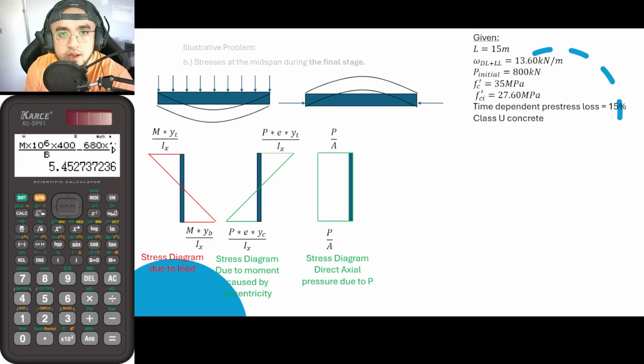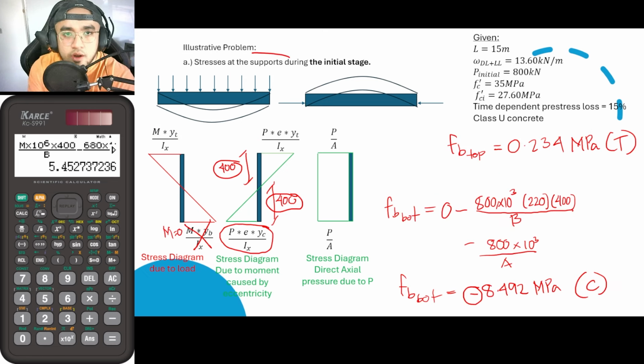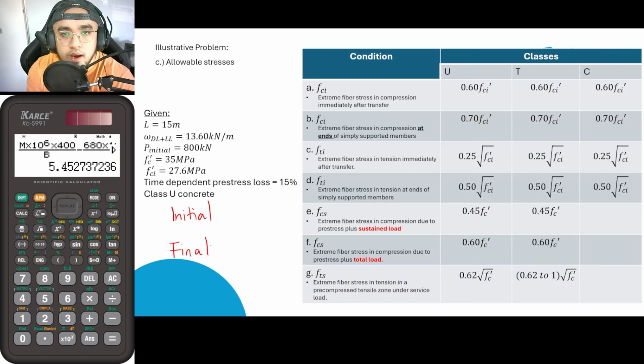We have solved for the stresses at the supports. Okay? So at the supports, going back here, during the initial stage, we will now be making use of B here because this is for extreme fiber stress in compression at the ends. So that is now for support.